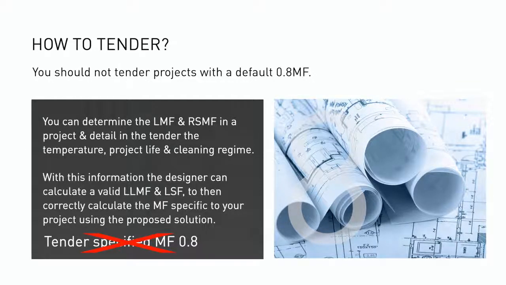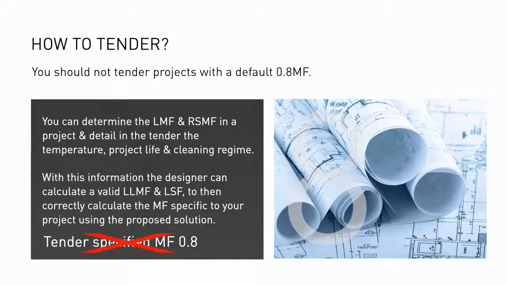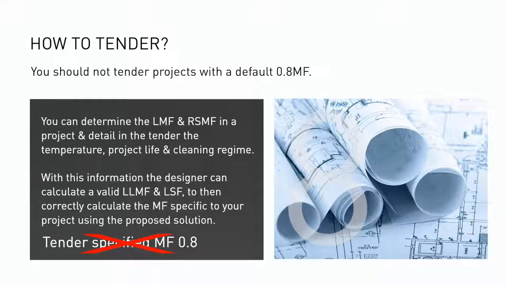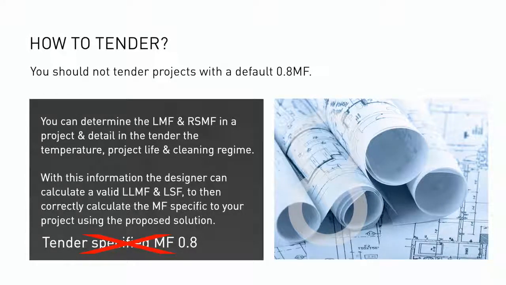That then allows the tenderees to utilise their own data that's specific to their luminaires on the LLMF and the LSF to determine what the maintenance factor is in total for their submission of the scheme. Giving you the option to put in a few variables.